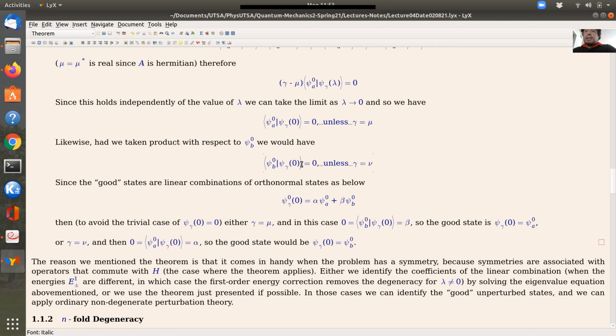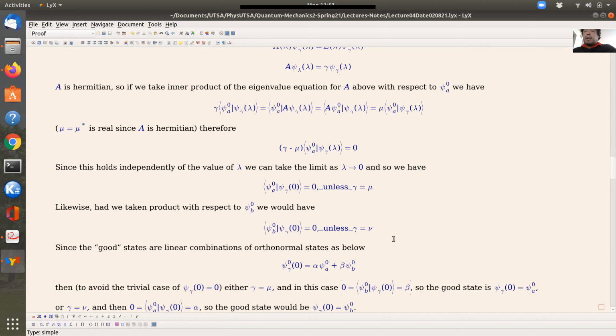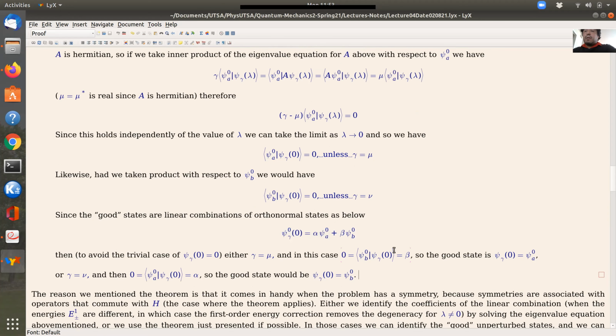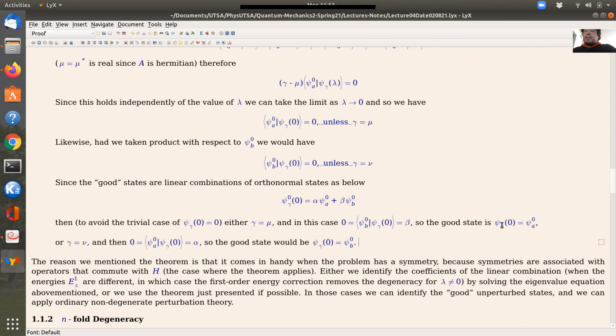So in this case, you should have psi 0b equal to 0, which means that the coefficient beta is 0, by definition of psi 0b, just by taking the inner product. And so the good state is psi 0a.